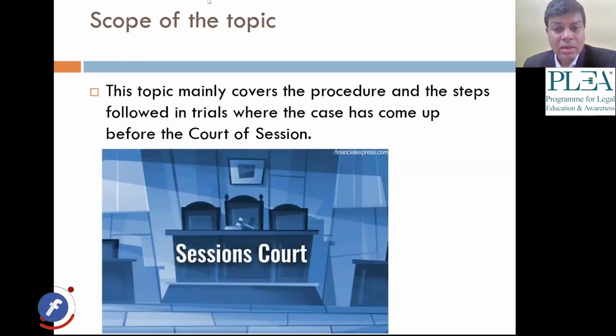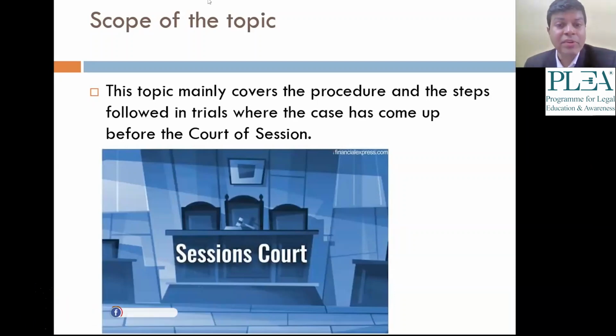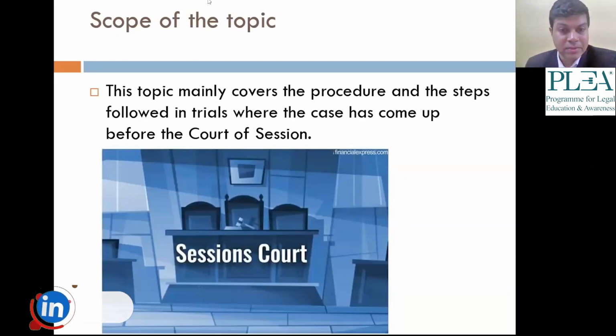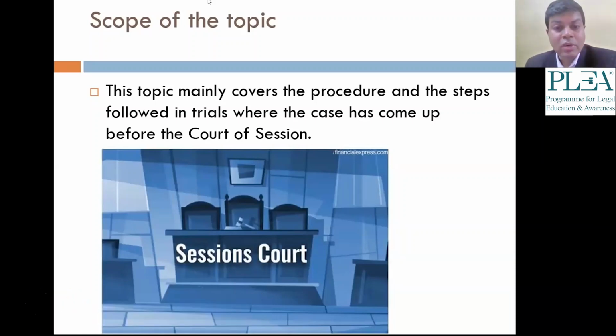So the judge can discharge the accused if the judge thinks that there is no sufficient ground to proceed against the accused. The judge is also required to record his reasons for discharging the accused under section 227.